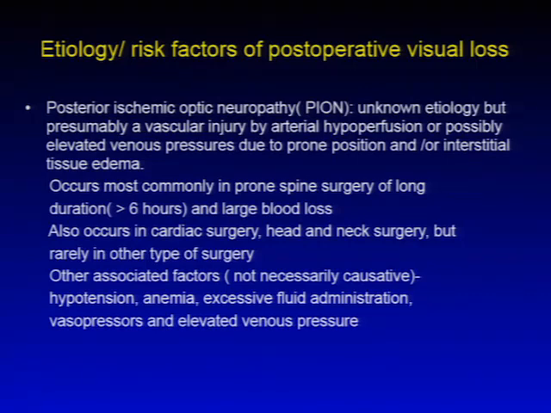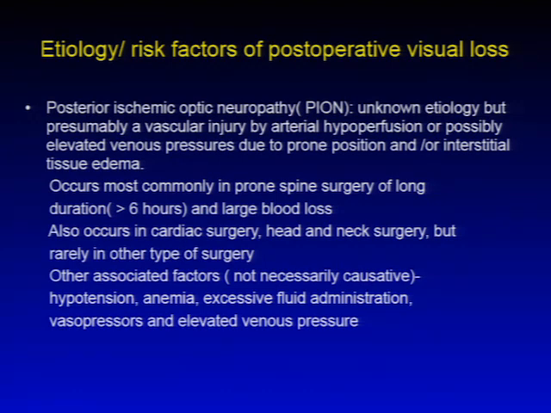Posterior ischemic optic neuropathy has an unknown etiology, but is presumably a vascular injury by arterial hypoperfusion or possibly elevated venous pressure due to prone position and or interstitial tissue edema. It occurs most commonly in prone spine surgery of long duration and large blood loss.